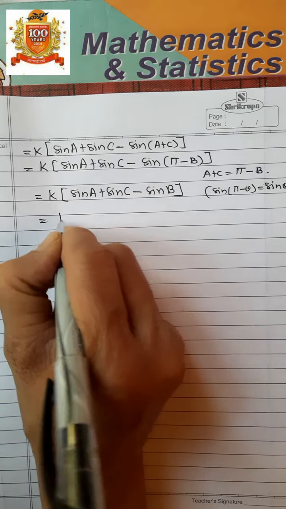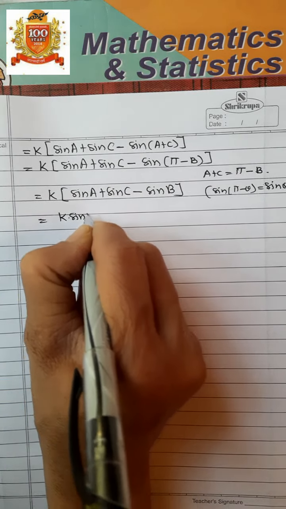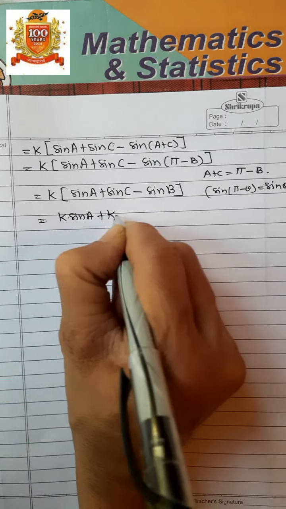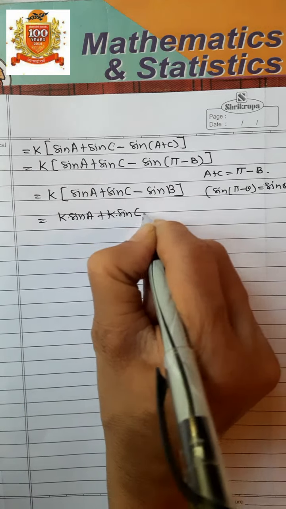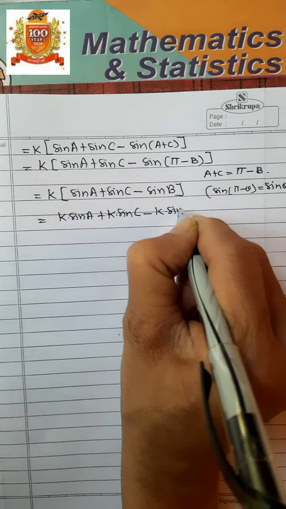That is equal to k sin A plus k sin C minus k sin B.